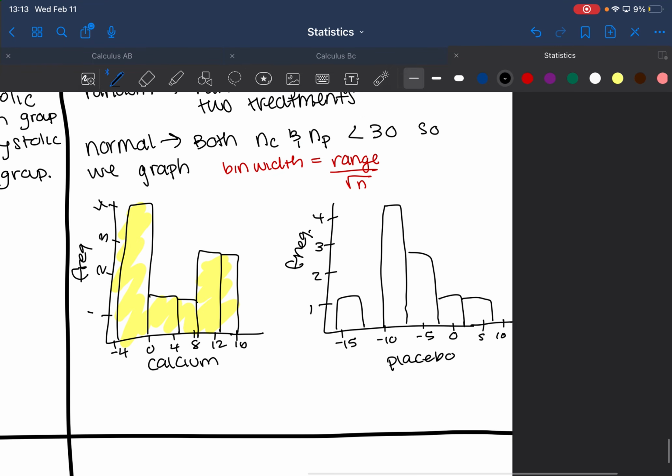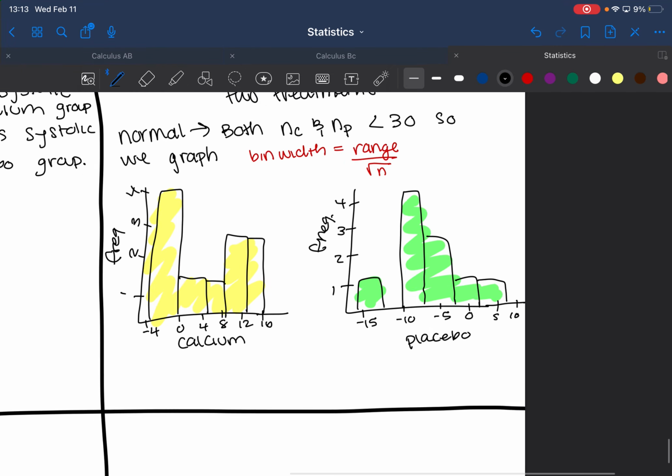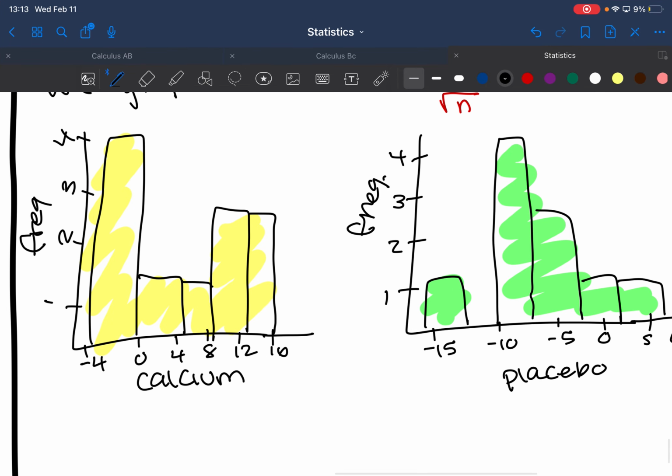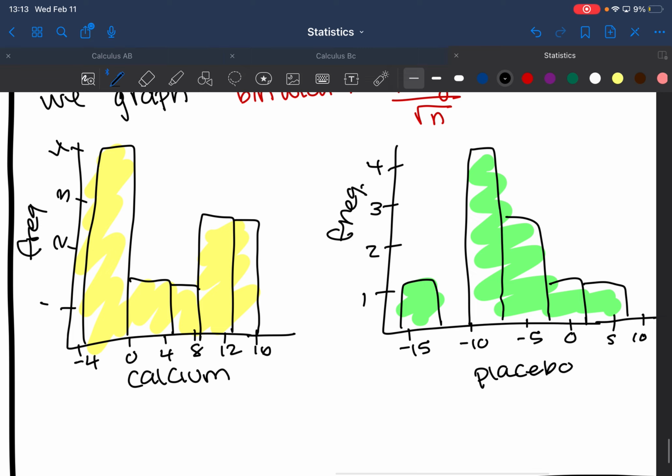And then for calculate, remember we name our inference. So this is a 2 sample, okay, because we have 2 rows of data here, calcium versus placebo, t-test. T because this is a t-distribution and we're using an estimate of the standard deviation S. And test because it's a significance test for means.